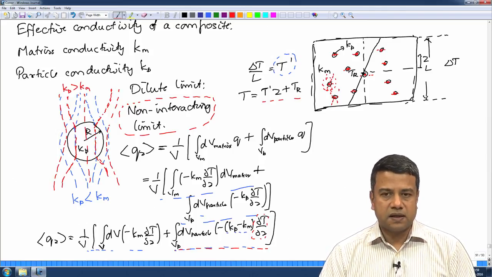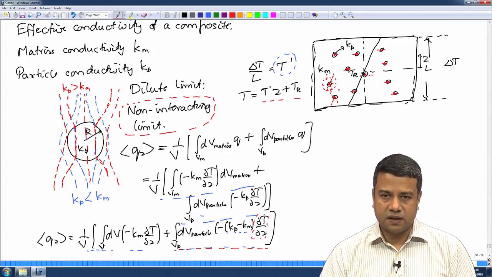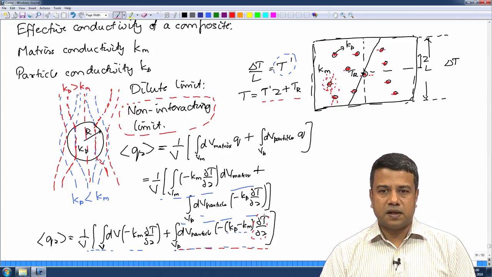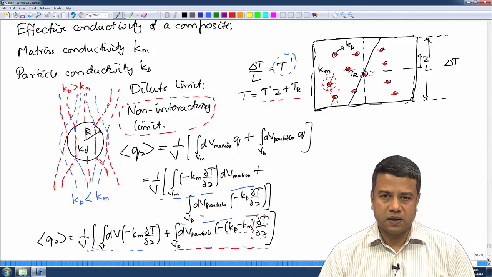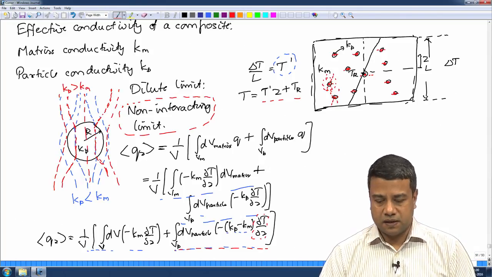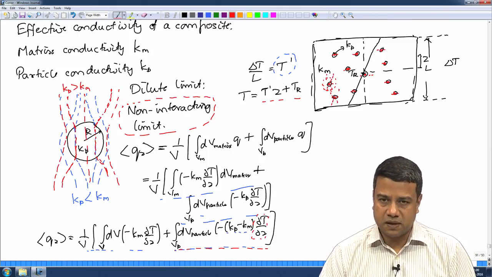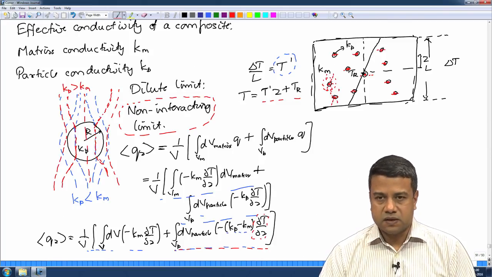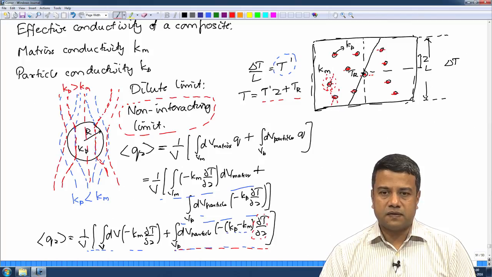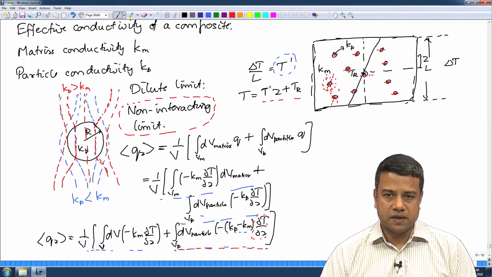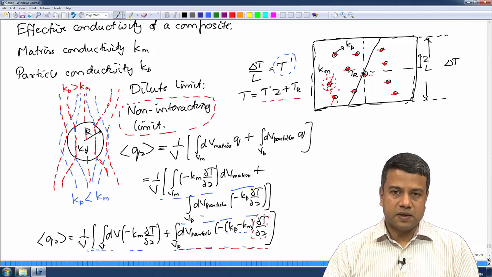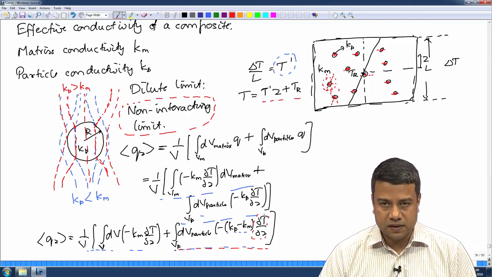And we were considering the non-interacting regime, the dilute regime, where the particles are spaced sufficiently far apart that the temperature field around one particle does not affect the temperature around the surrounding particles. So that as far as each particle is concerned, that particle is embedded in a temperature field which has a linear temperature gradient far from the particle surface.